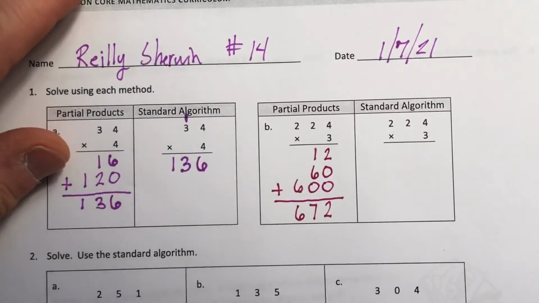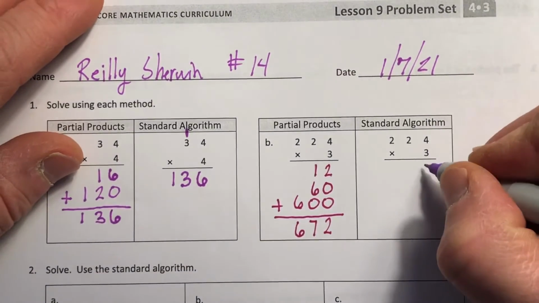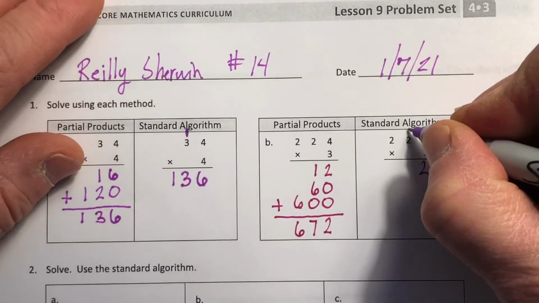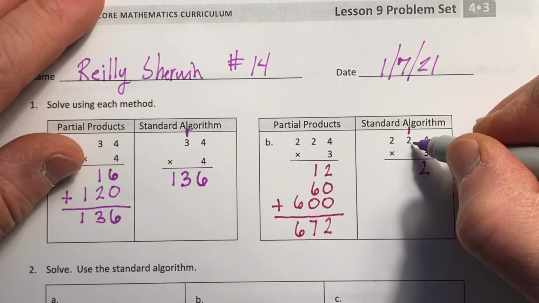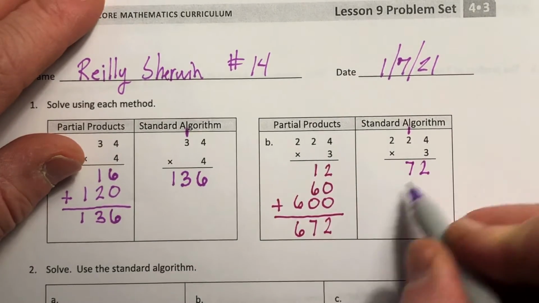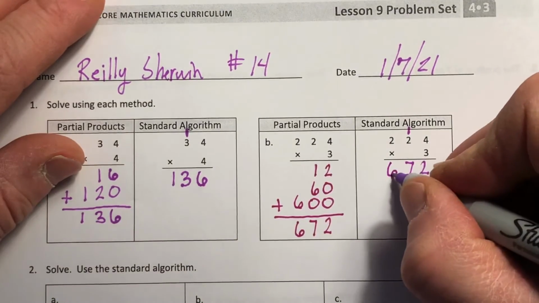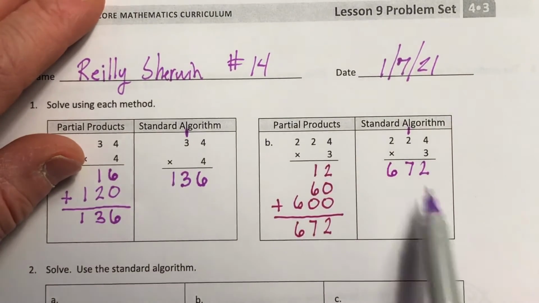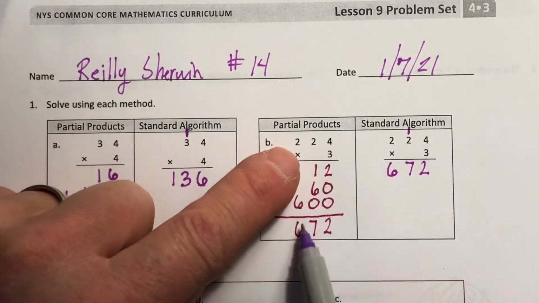This is where we have to carry numbers, all right? So 4 times 3 is 12. So I put down that 2 and carry the 1, right? Instead of doing that. 3 times 2 is 6 plus 1, 7. See that? And then 3 times 2 is 6. Good. So when I really did that 3 times 2 is 6, it's really 3 times 200, which was 600.